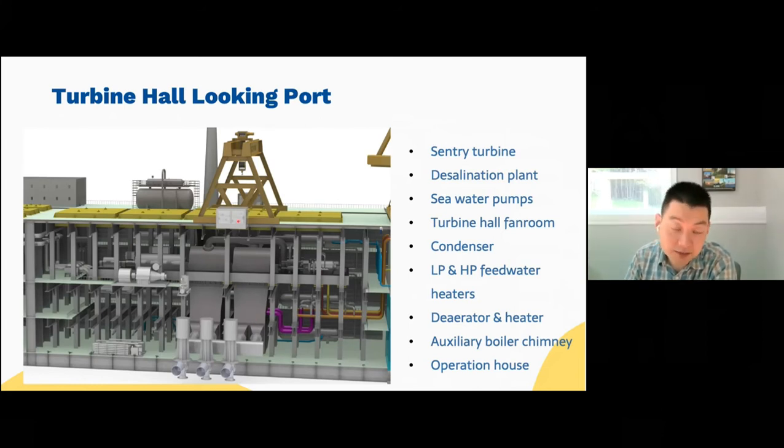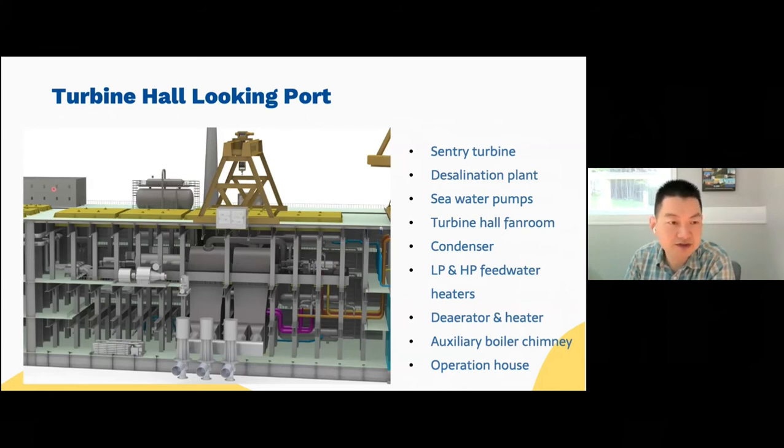And then we have this small box here, actually 2 boxes. Those are the turbine hall fan room. So it circulates air in the turbine hall through these 2 boxes here. As you can see, the big condensers are here. You can see through it, you can see the high pressure feed water heater, low pressure feed water heater, the air reader on top, and then the chimney is for the auxiliary boiler.